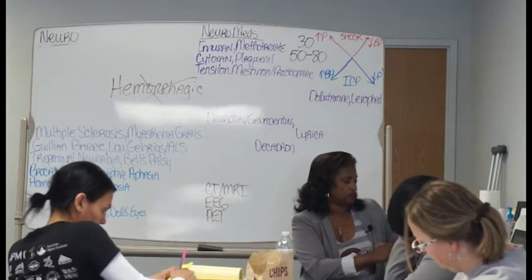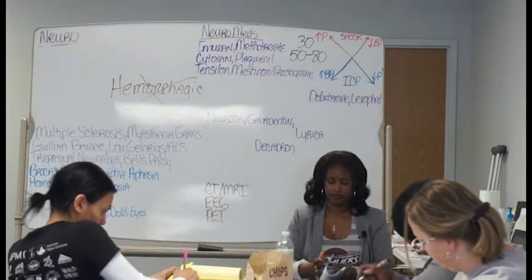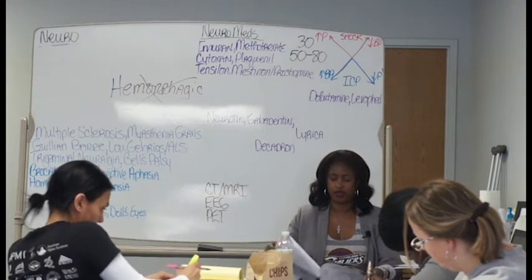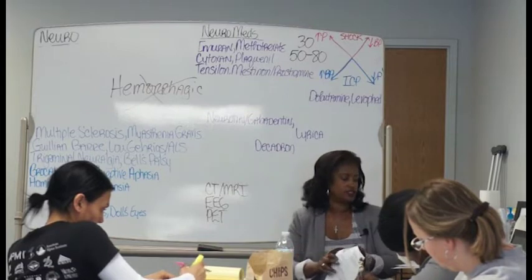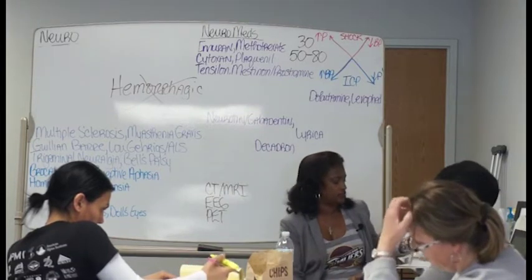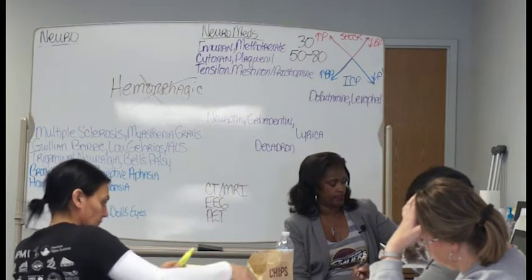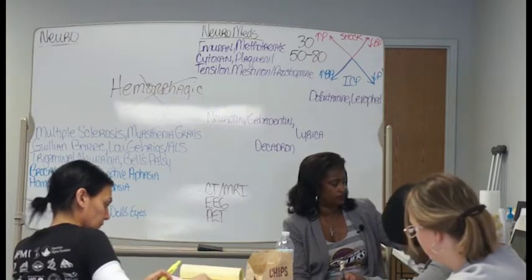Now, with her little eye complaints, that's sometimes first, but usually paresthesia, which is numbness and tingling of the legs, that's first. It's unilateral, so go down there by the legs and put unilateral.